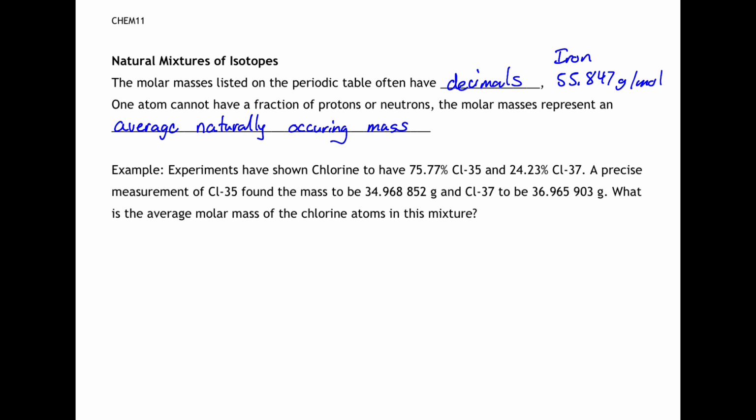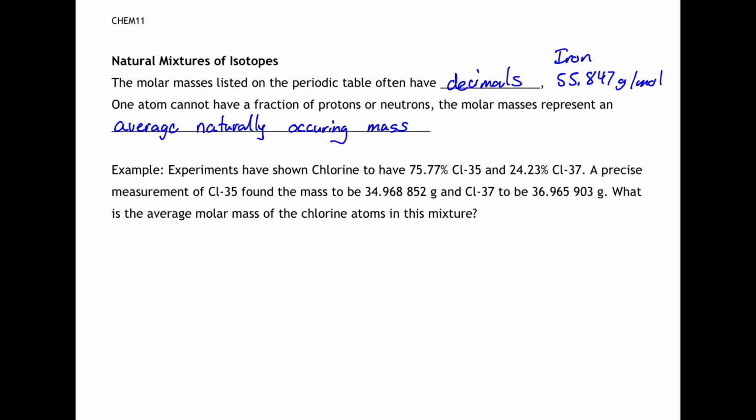This is useful because if I have a sample of iron, I can measure out 55.847 grams and get 1 mole of it. I don't know that each of the iron atoms has less than 55, and some of the atoms have more than 55. They average out, and we get that here.